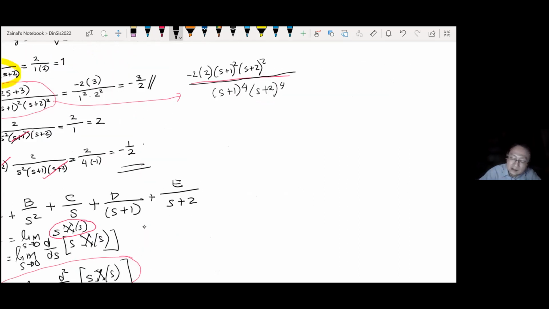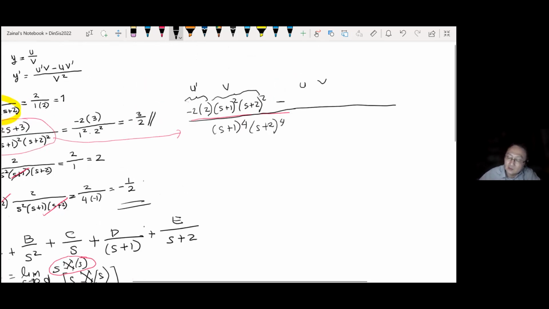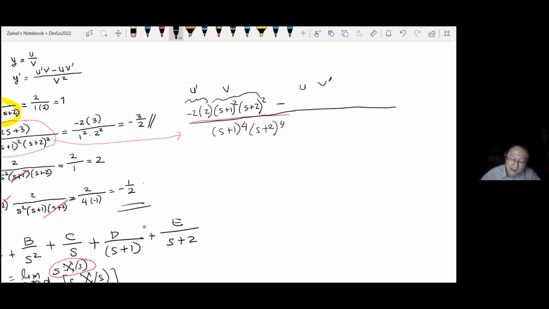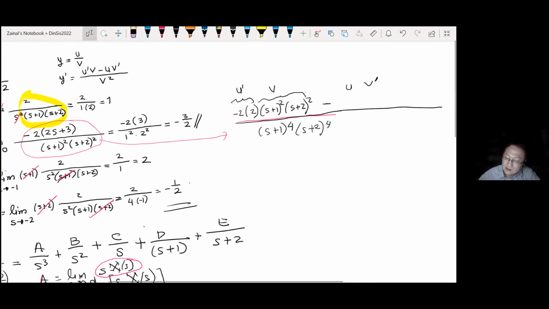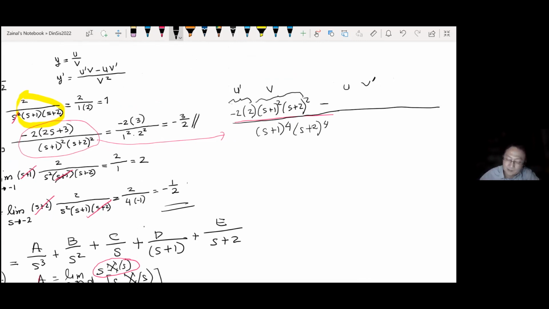Ini adalah U aksen, ini V. Dikurangi U V aksen. U-nya berarti yang ini min 2, jadi dikurangi jadi plus. Jadi -2, ini nggak berubah, 2S tambah 3.